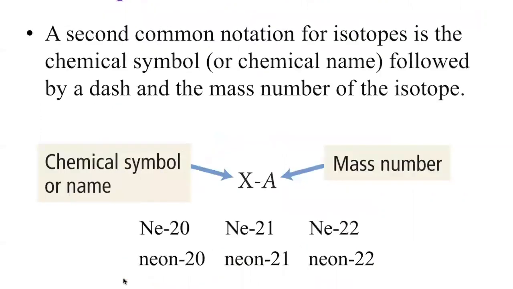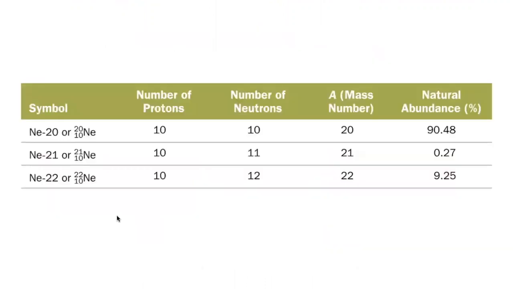Sometimes we also represent it by just giving you the symbol. Why? Because if you know the symbol and look on the periodic table, you automatically know that it has 10 protons because the atomic number is 10, and that never changes, okay? Notice here we have examples where the protons never change.